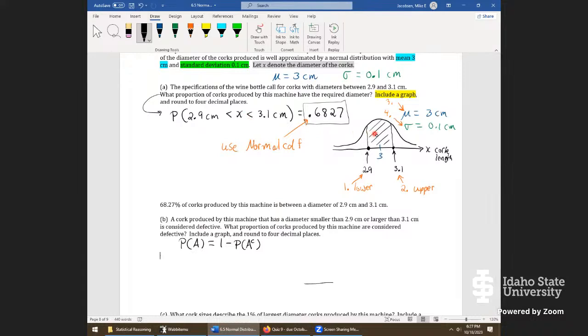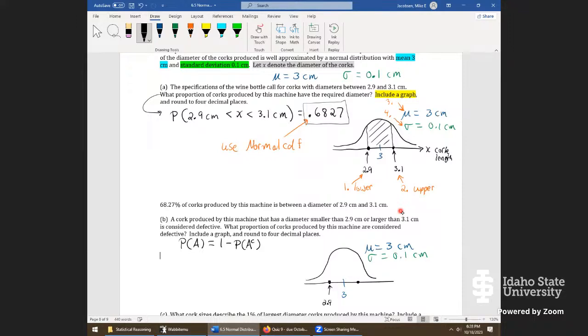Let's draw that out again as a graph. So right here in the center is 3. Use 3 centimeters. Sigma is 0.1 centimeters. We still have a question that's dealing with the 2.9 centimeters and the 3.1 centimeters. So I'll put it here. Here's 2.9.